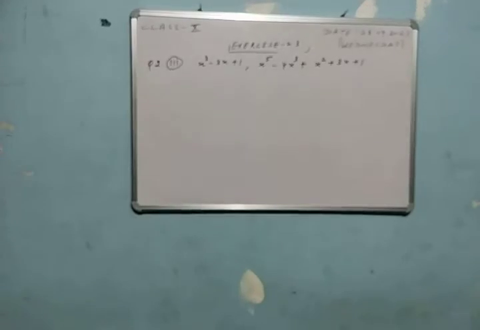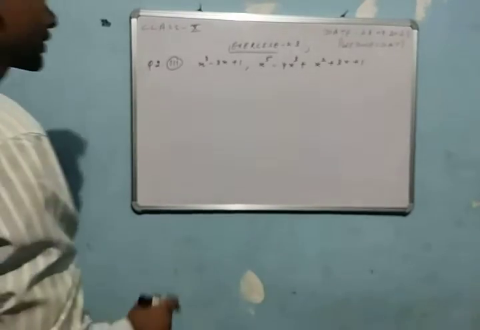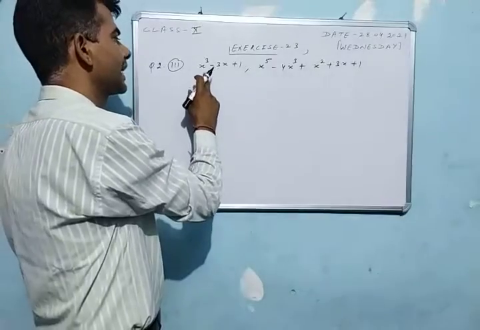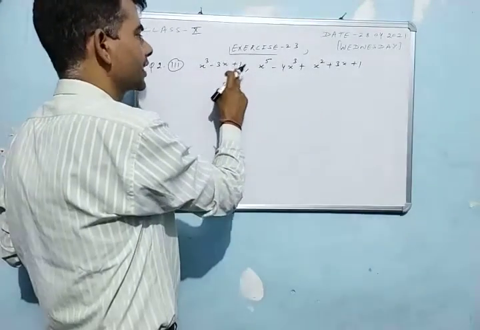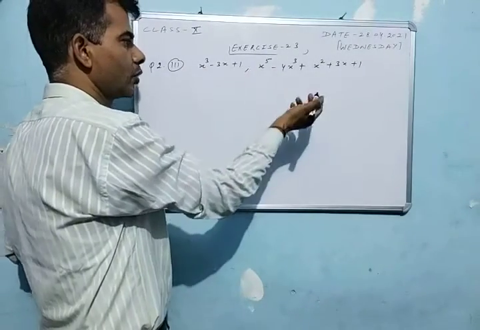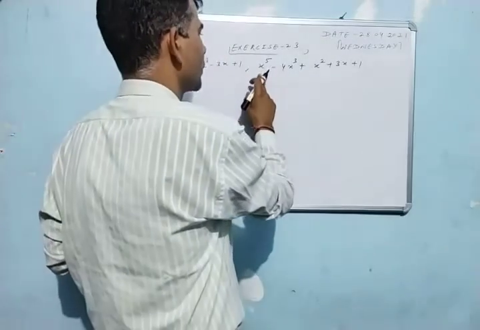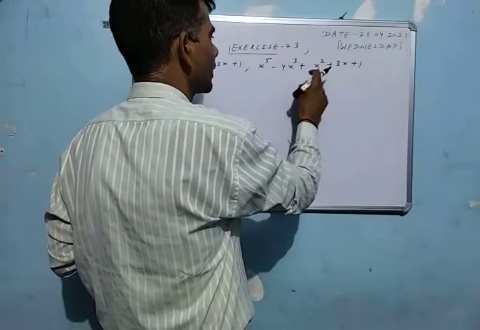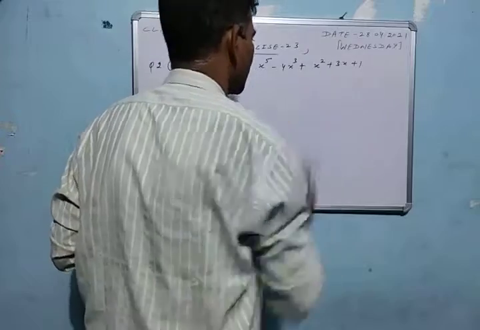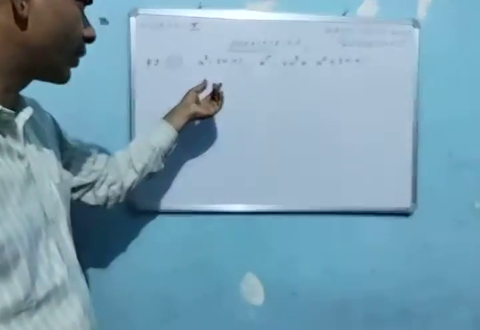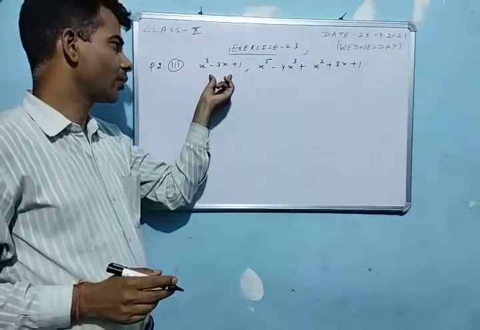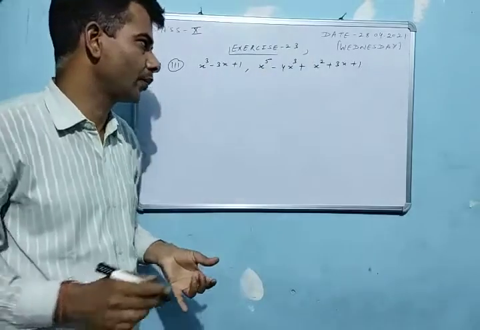Now student, third part of question number 2 is first polynomial, that is x cube minus 3x plus 1. And your second polynomial is x raised to power 5 minus 4x cube plus x square plus 3x plus 1. Student, we have to check that first polynomial is a factor of second polynomial.